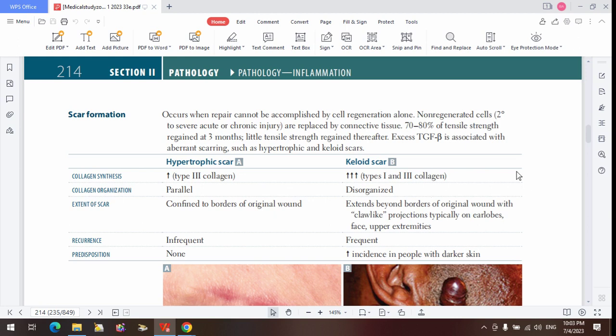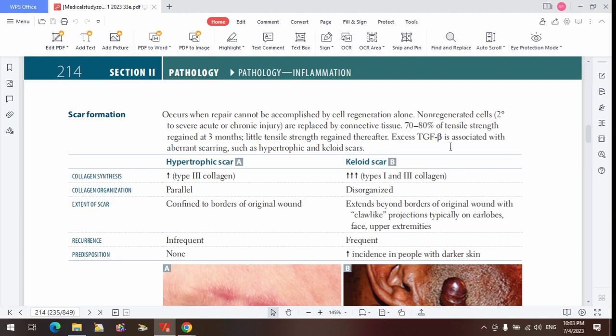So they said non-regenerated cells, when exposed to severe acute or chronic injury, are replaced by connective tissue, scar. They now said 70 to 80% of the tensile strength of that wound is regained at 3 months. It means that at 3 months you have abundance of type 1 collagen, because type 1 collagen is the one increasing the tensile strength of the scar.